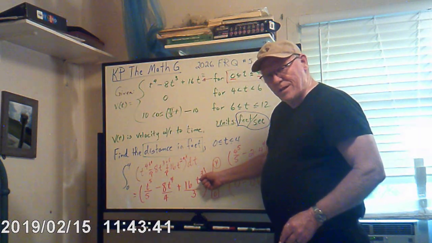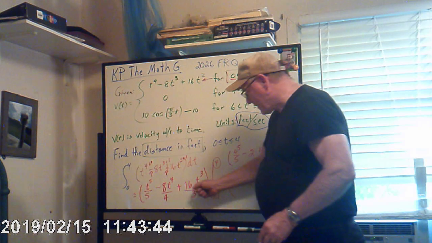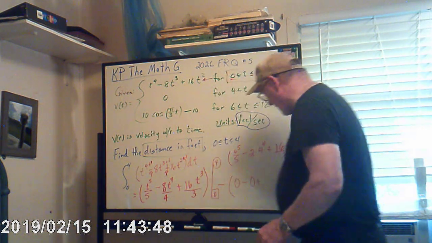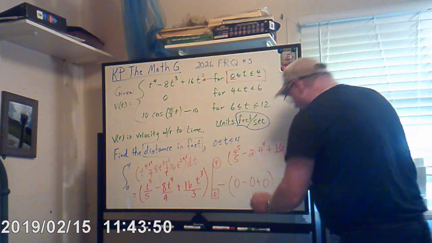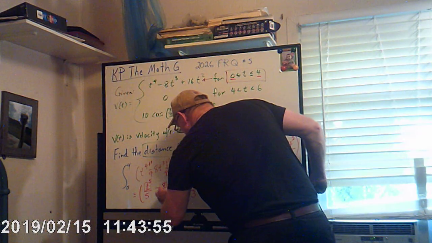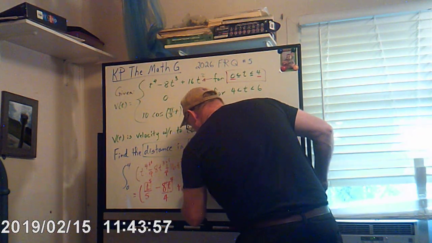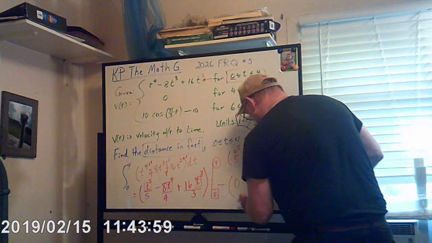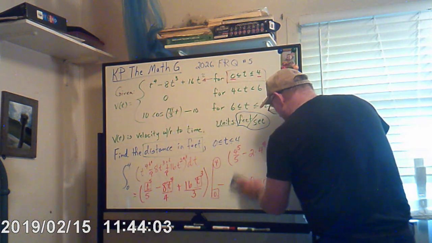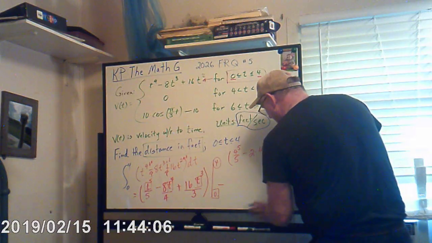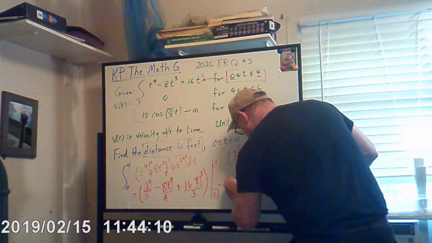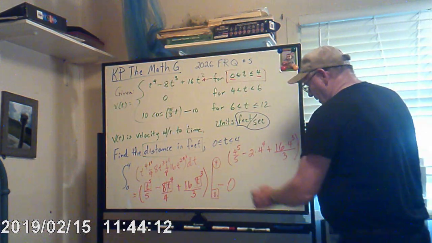What's 0 cubed? 0. 16 times 0 is 0. And 0 divided by 3 is 0. So really what I like to do, if I see a t in every one of these, and that's a 0 right there, you can skip all of that and put one big gigantic 0 right here. 0. Minus 0.